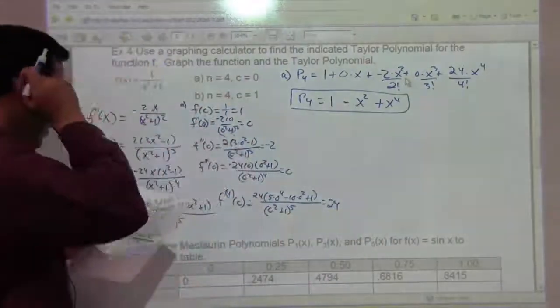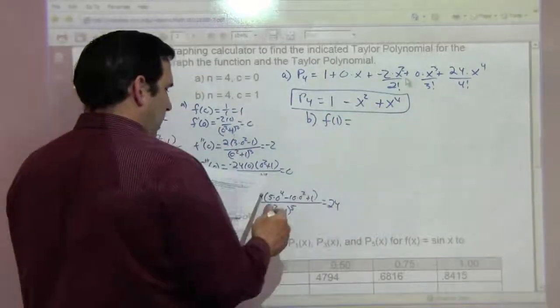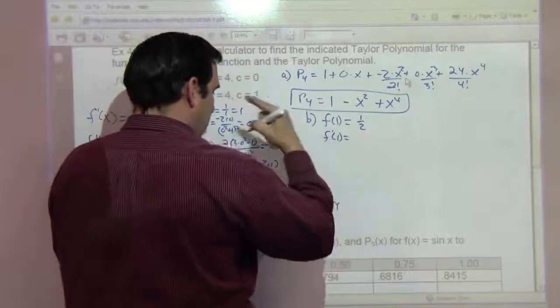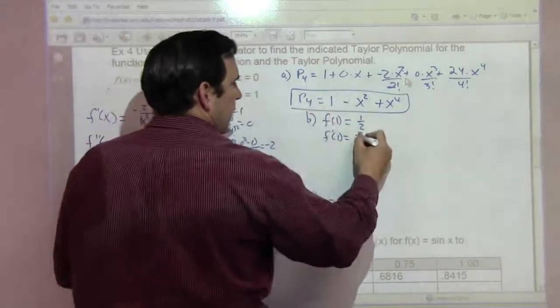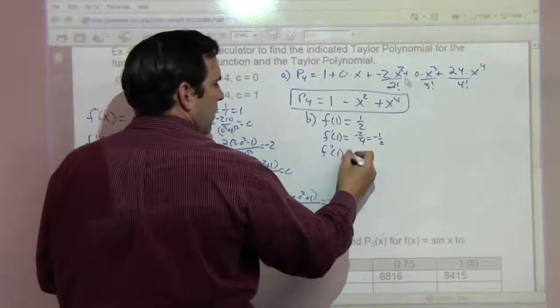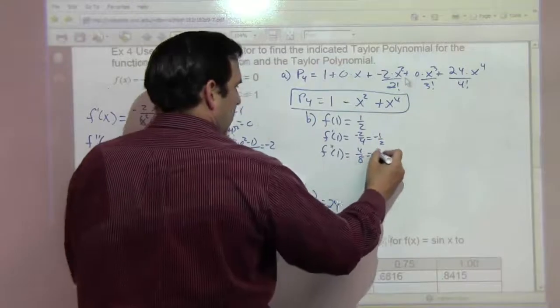Now, for part B, f of 1 is going to be 1/2. F prime of 1 is going to be negative 2/4, which is negative 1/2. F double prime of 1 is going to be 4/8, which is 1/2.